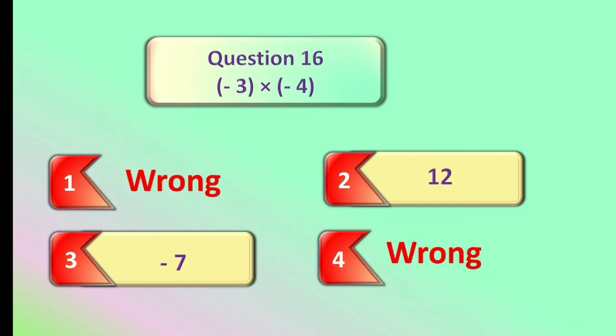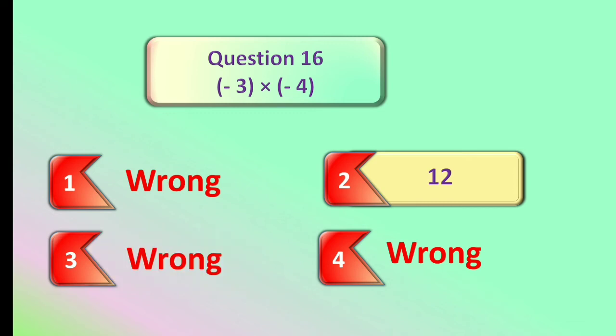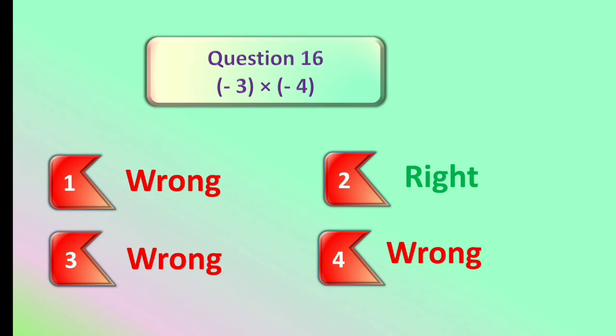Negative sign are in 2 times, so positive sign, so 3 4s are 12. Second option is correct. If negative sign comes even times, then put positive sign before the answer, that is your answer should be positive.